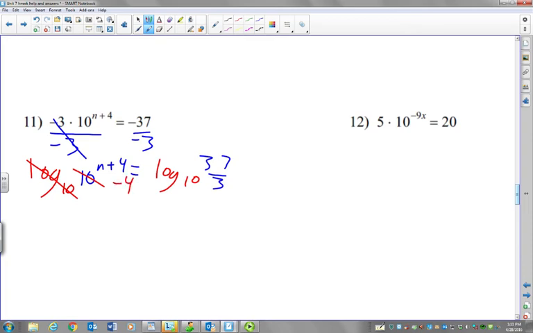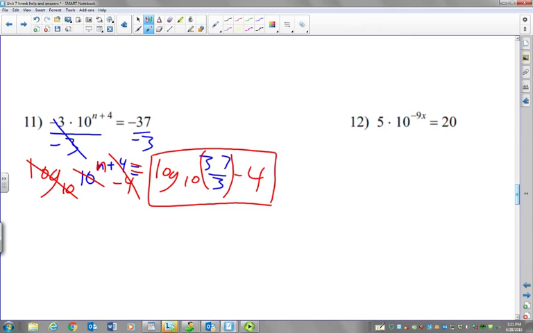And then we minus 4 to both sides. So n is equal to log base 10 of 37/3 in one big parenthesis, and then minus 4 is separate from the log base 10. I'd put brackets around there because that minus 4 is on its own after you put the log base 10 of 37/3 in your calculator. That's how we do number 11.